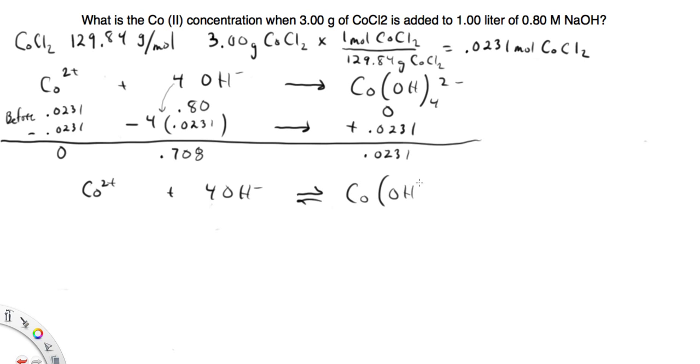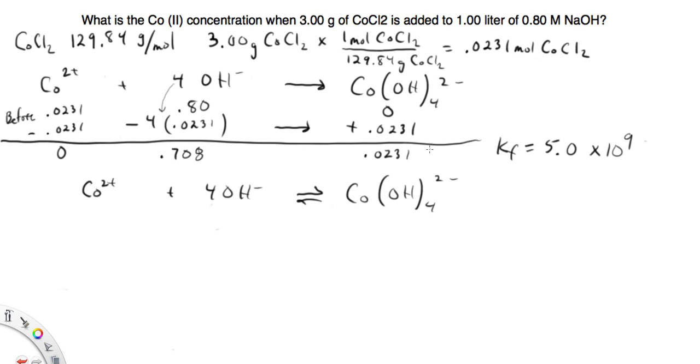So we'll apply the rules and calculations of equilibrium. If you look up the Kf value, again, for complex ions, it's very high. Our equilibrium constant is 5.0 times 10 to the 9th. So our equilibrium is going to go way to the right.